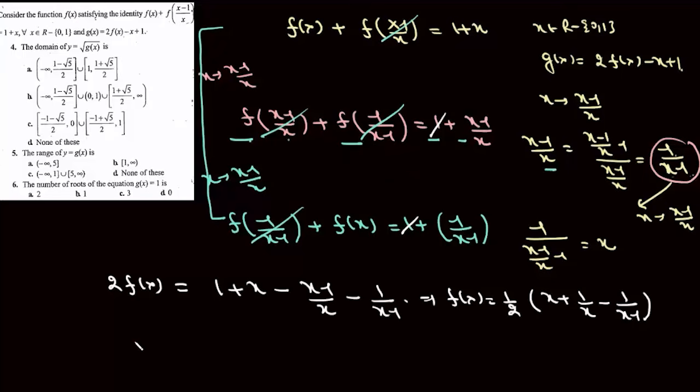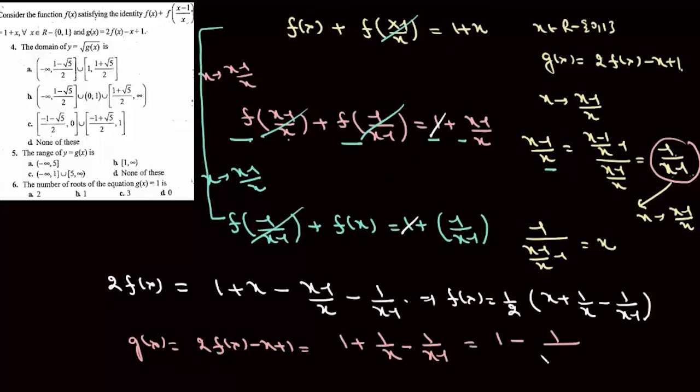Now it has defined g(x) as 2f(x) minus x plus 1. So 2f(x) minus x plus 1 will be 1 plus 1/x minus 1/(x-1), or 1 minus 1/(x(x-1)).